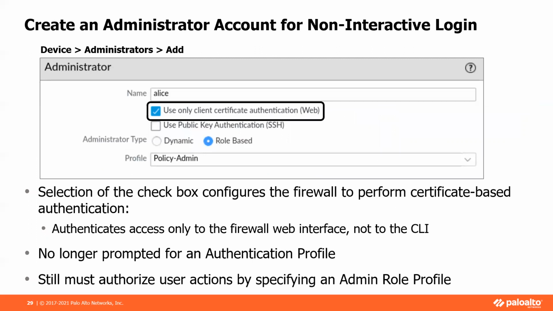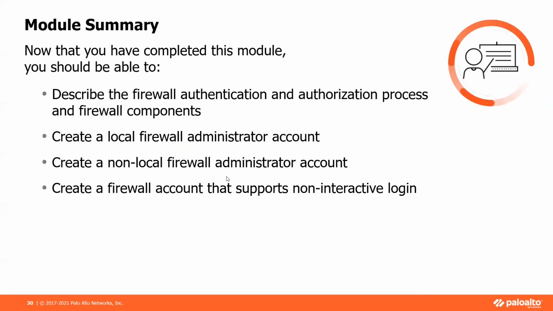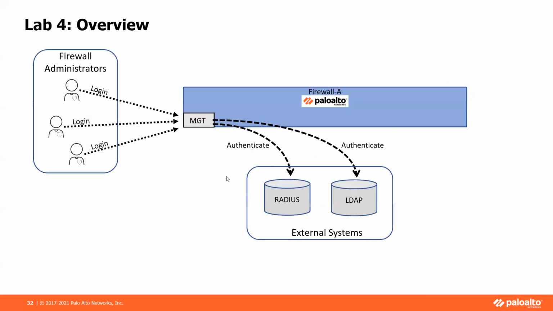So again, you can use that certificate for authentication via the web. You could also use it for SSH access and assign what type of role or users profile they would have against. So fairly straightforward.